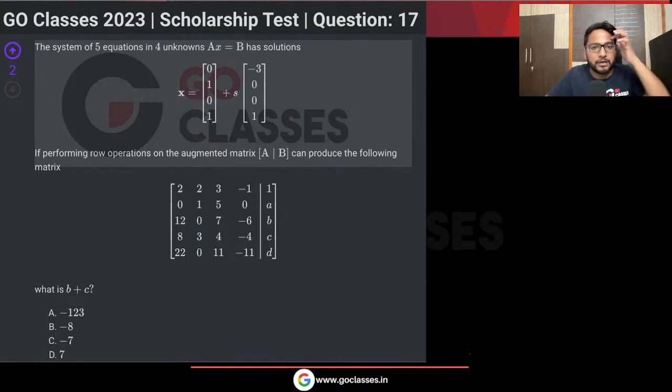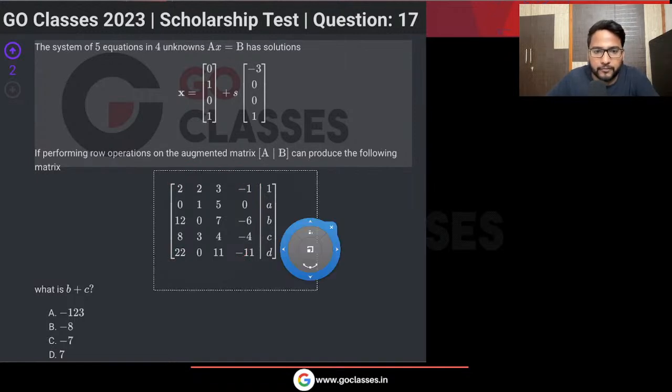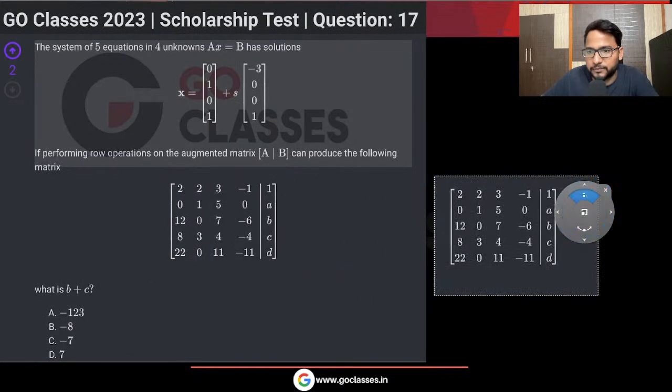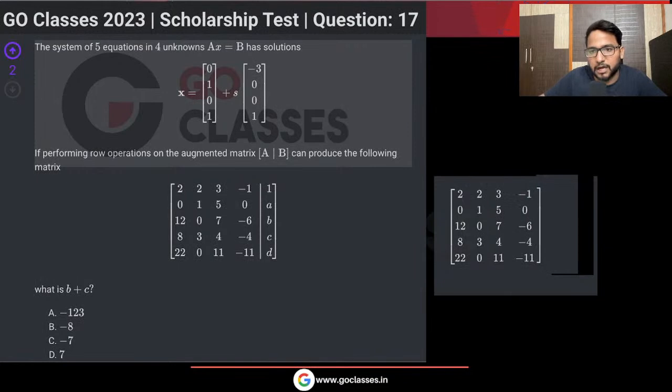Now first tell me, let's suppose this particular matrix is R. Which means what I'm trying to say is this. Let's suppose this is R, which we have got from A. I mean, we had A. Let me go to the next page.